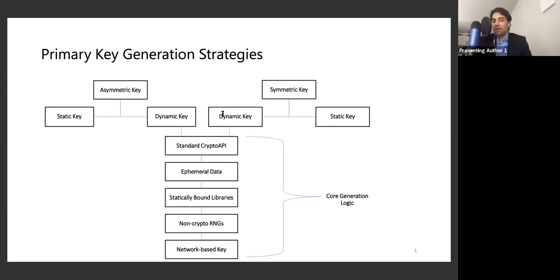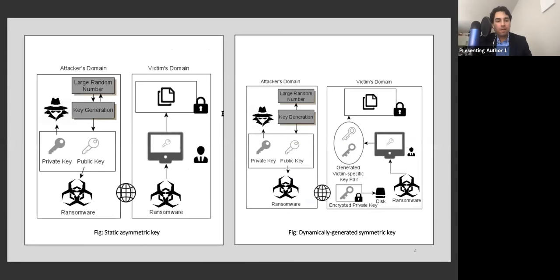Network key, they'll reach out. We don't see it a lot these days, but in the earlier variants, we did see them reaching out to a CNC server and obtaining the key generated on the CNC server and then using that to encrypt the files. Why that's not observed so much, we will be discussing in the later slides.